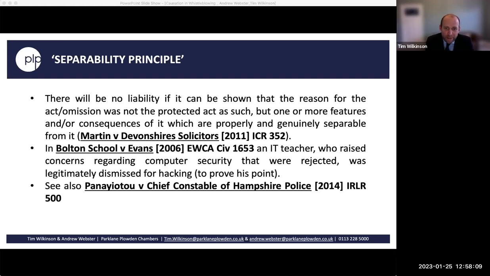It went to the EAT, and the EAT said the tribunal was entitled to make the distinction it did. In this case, the sole or principal reason for the dismissal was not the disclosure, it was the huge amounts of management time that had been involved with the campaigns that followed on from the disclosures, and a secondary reason that for health reasons, the claimant was no longer a functioning police officer. So again, we can see that there's been a separation of the disclosure from features of that disclosure.